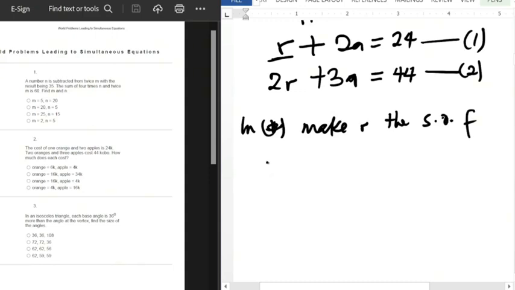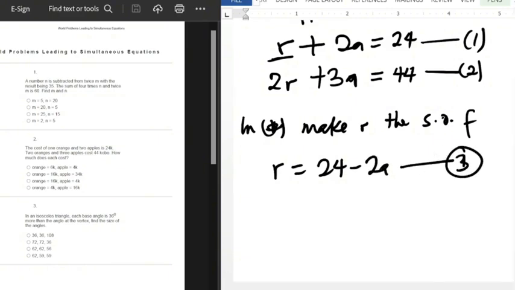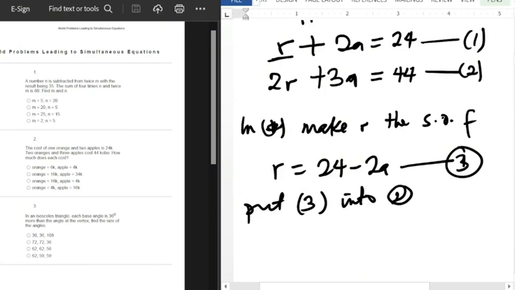So R will then be equal to 24 minus 2A. This will give us equation 3. Alright, so we now put 3 into 2. So what is our 2? It is 2R plus 3A equals 44.